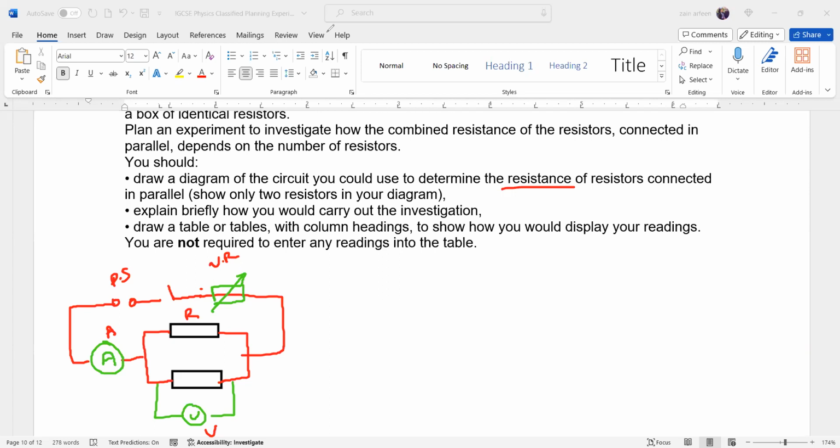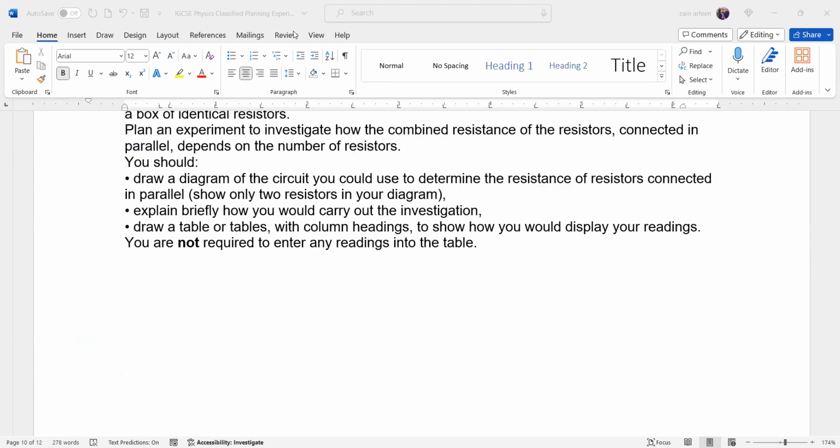If we have two resistors in parallel, we work out the resistance, then we add another, and work out the resistance by measuring voltage and current, and we do it for 5 or 6 sets of results. So the experiment is investigating how the combined resistance of a circuit is affected by the number of resistors connected in parallel. Now the second point: how would you carry out this investigation? How will you do this experiment?